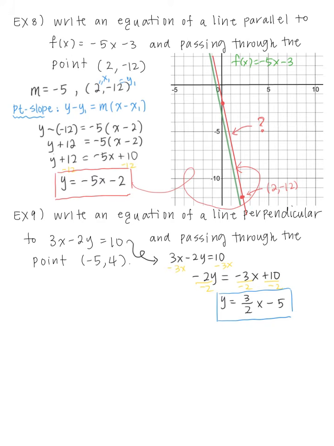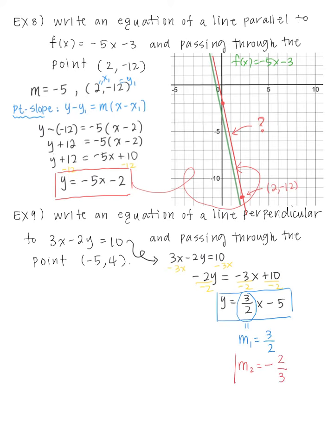So notice that the slope of the given line, let's just call it the first slope, is 3 over 2. Now the negative reciprocal of m1, let's call that m2. The negative reciprocal of 3 over 2 is negative 2 over 3.